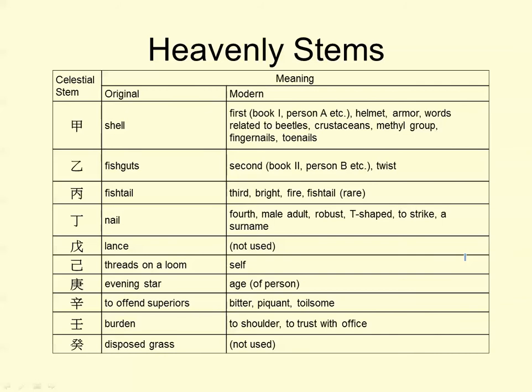You can see in either case, the original or the modern, there isn't an immediate connection, at least that I see. So for example, a shell or a helmet, how does that really connect with first? It's not immediately clear to me. So the heavenly stems are not easily memorized, I think, because of this sort of break from their actual definition. But they are still very important.